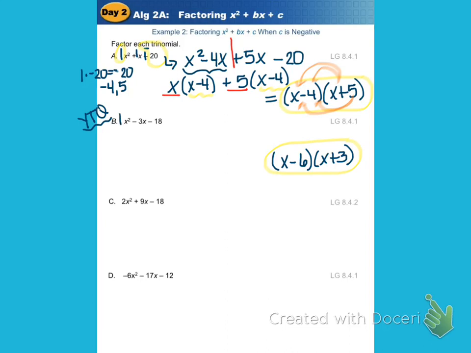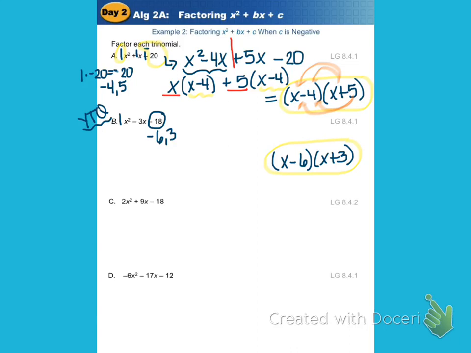Because basically that middle term, that minus 3, comes from just the factors of the C, because multiplying something by 1 doesn't really affect it at all. So really, I could have just thought about factors of negative 18, and I thought of negative 6 and 3 right away, because I know that they have to multiply to give me negative 18 and add to give me negative 3.